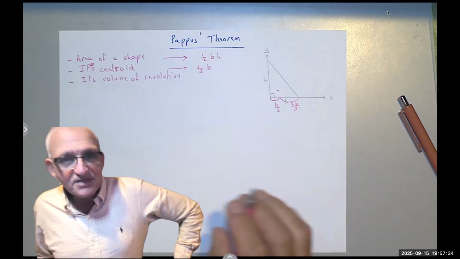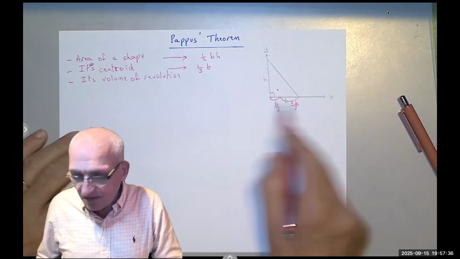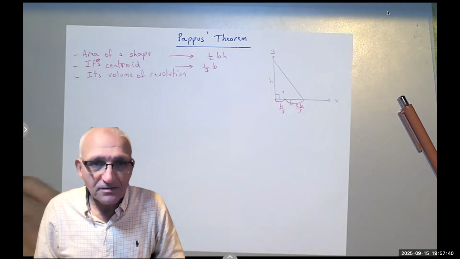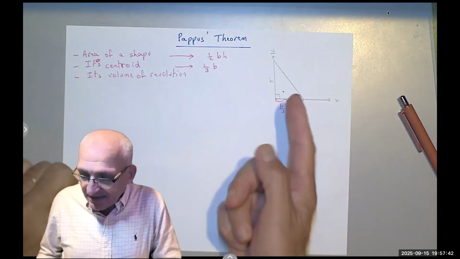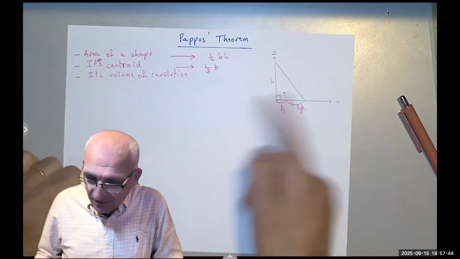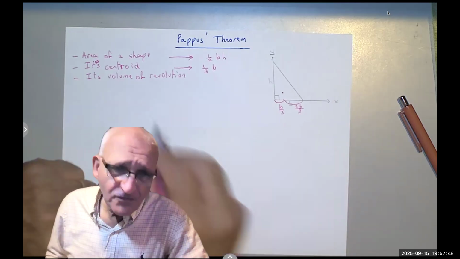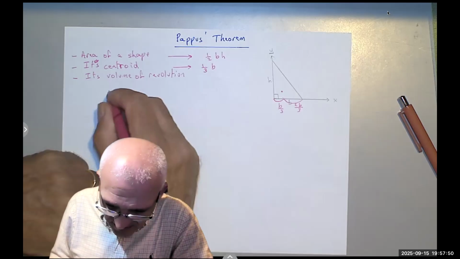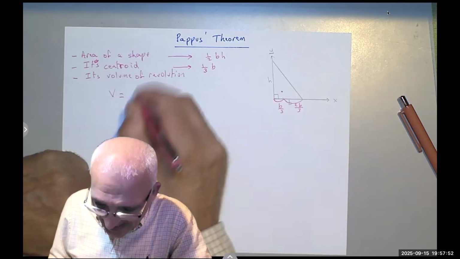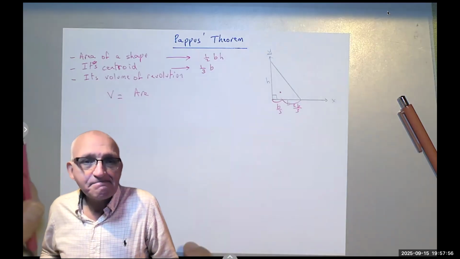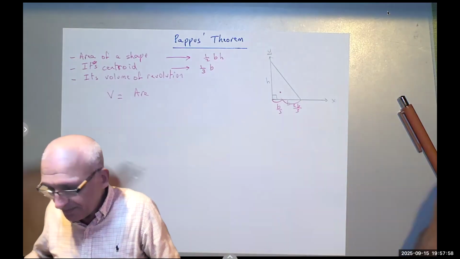So Pappus theorem says, if you know the area of a shape and you know the location of its centroid, then rotating that, say, about the y-axis gives you a volume, right? Notice that the volume would be what? If you said a cone, you would be correct.